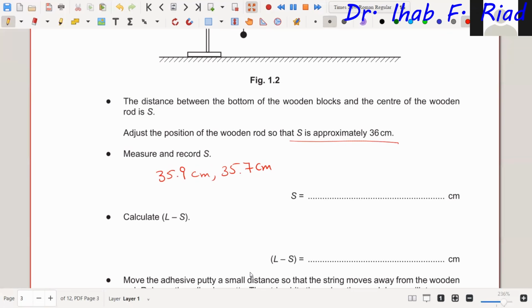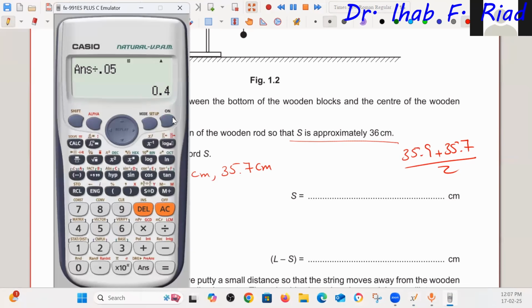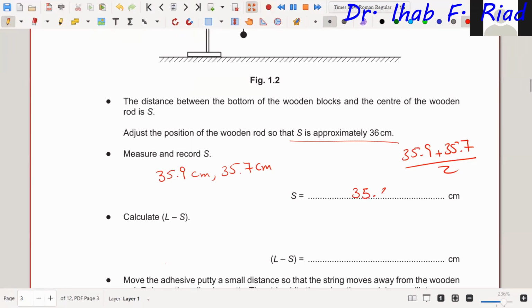So what is this average value? 35.9 plus 35.7, divided by 2. Let us do this calculation. It is 35.8 centimeters.